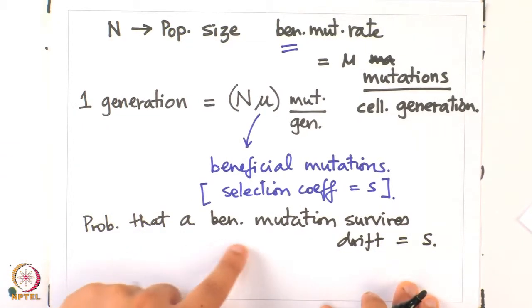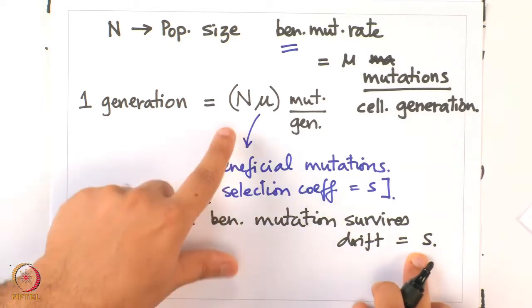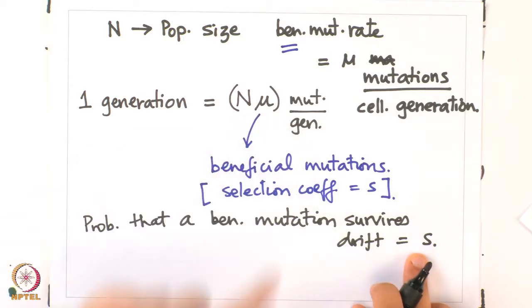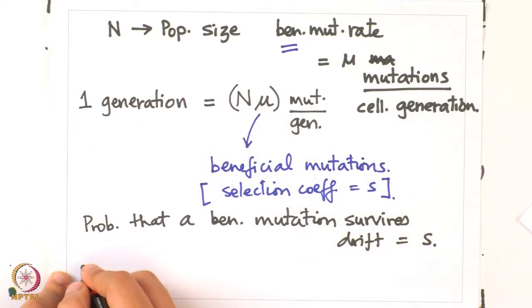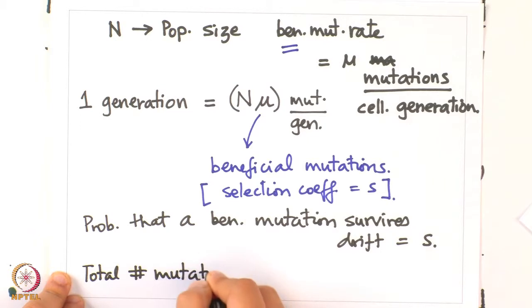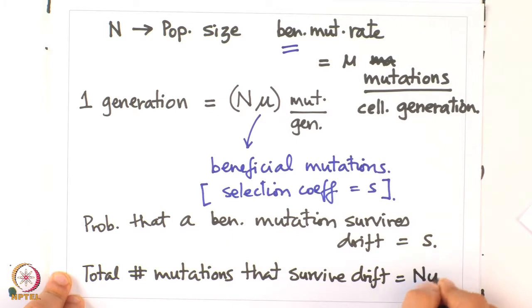So, if one beneficial mutation survives with the probability S, how many are going to survive if the total number of mutations occurring is n mu? In one generation time, the total number of mutations that survive drift is just equal to nuS.